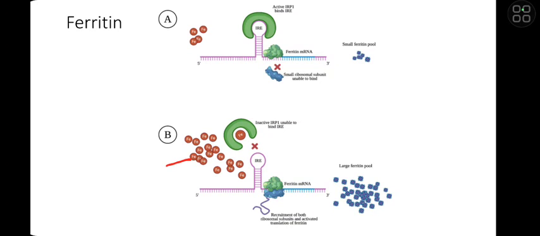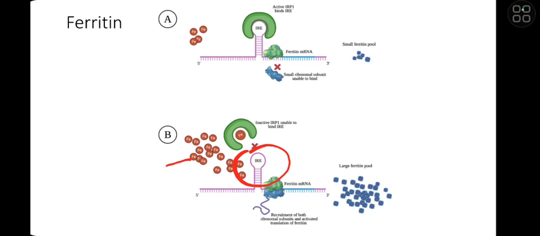the presence of an excess amount of iron will modify the conformation of the IRP, or iron regulatory protein, so that it can no longer bind to the IRE, the iron response element.